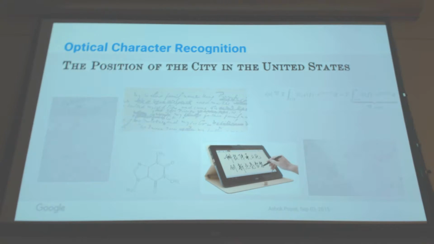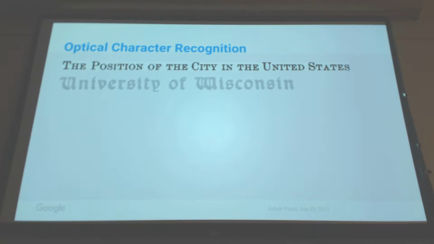Let's see what I have next. Okay, so let's take this first example. When we say OCR, we mean converting this text to, let's say in this case, ASCII, just recognizing each character. Is this a difficult problem in this particular example?